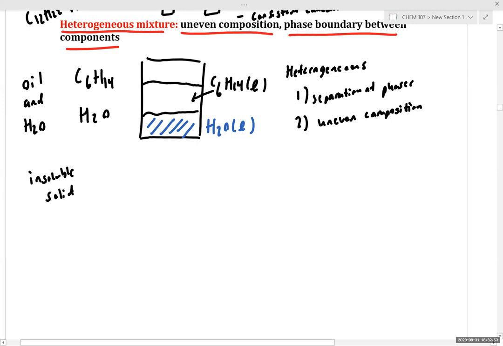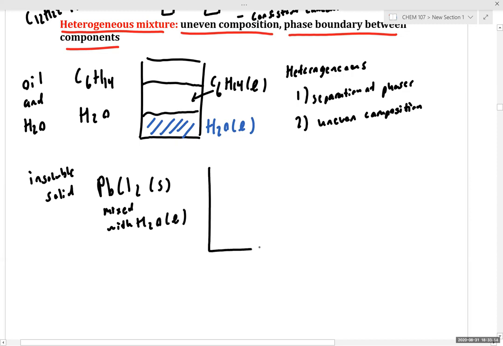For example, whenever you see solid state symbols used when something is mixed with water, that's a sign that you're dealing with a heterogeneous mixture. For example, lead chloride solid mixed with water.